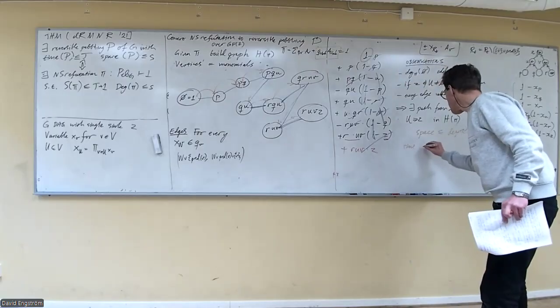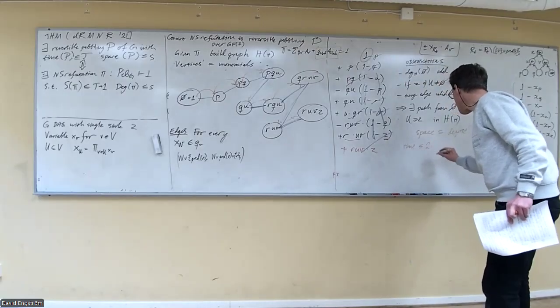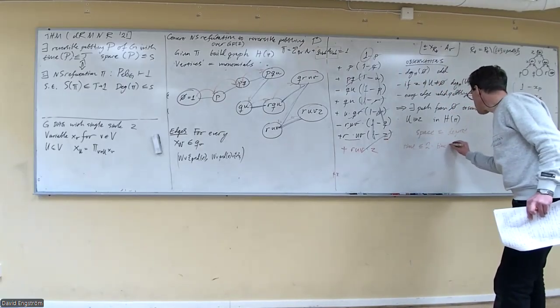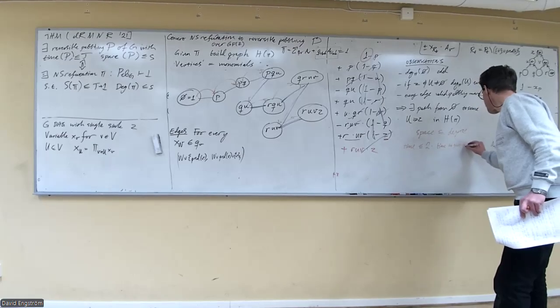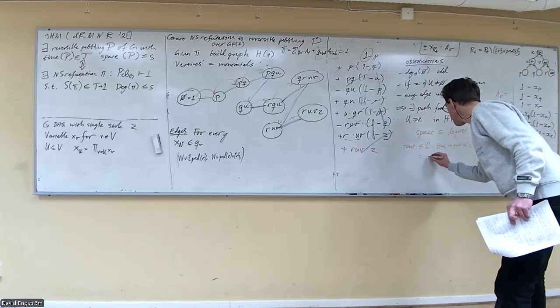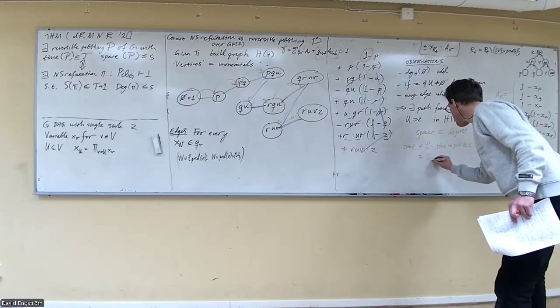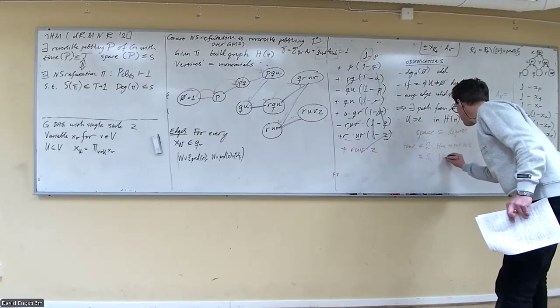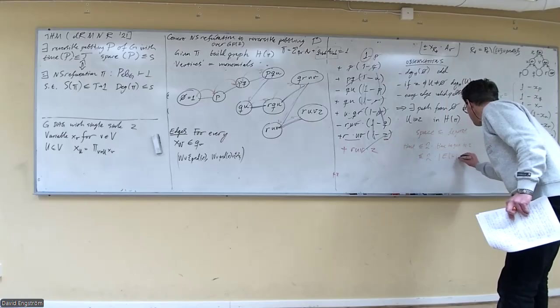So time is at most 2 times the time to get to Z, which is at most 2 times the number of edges.